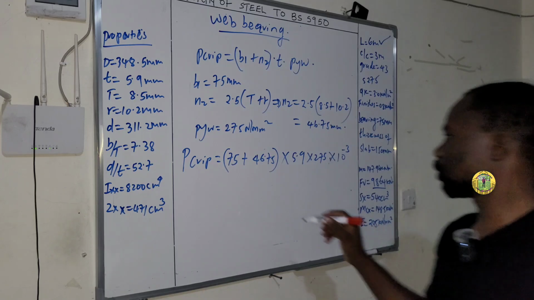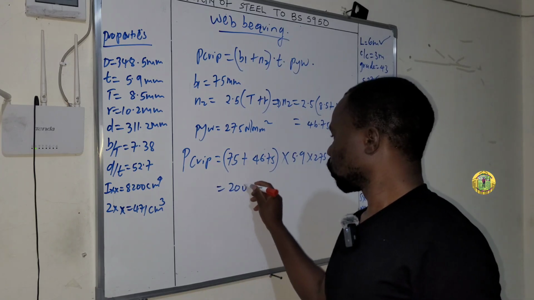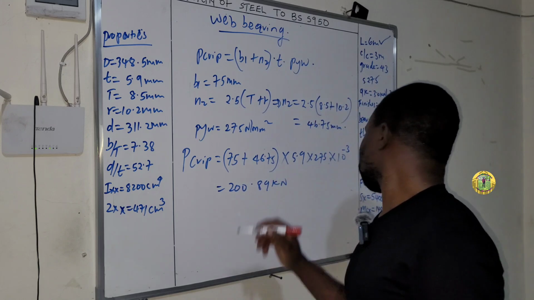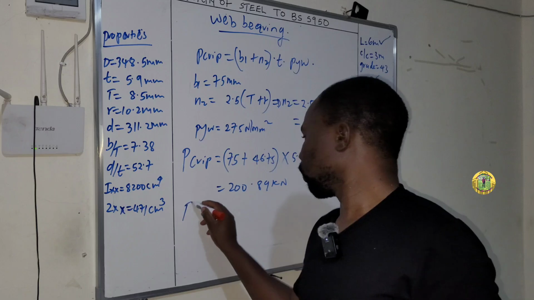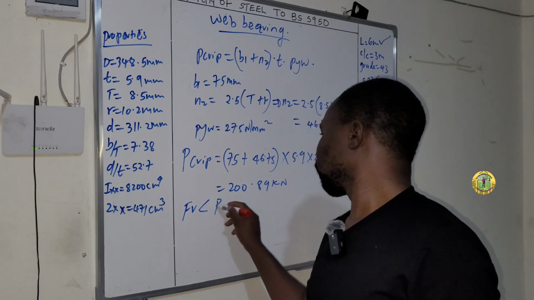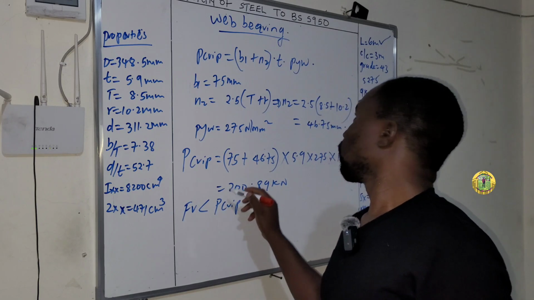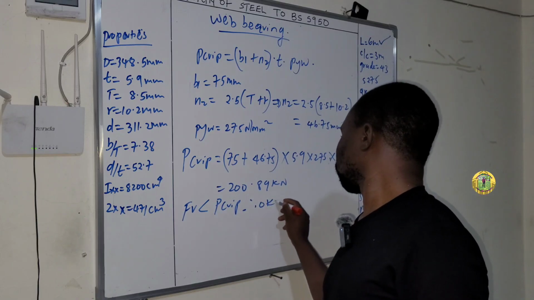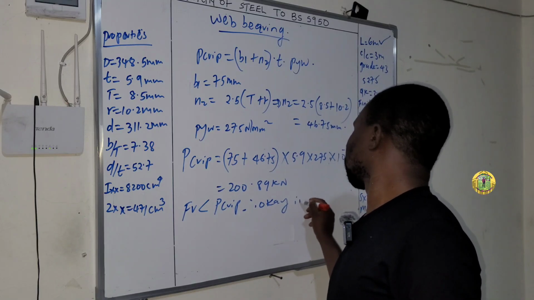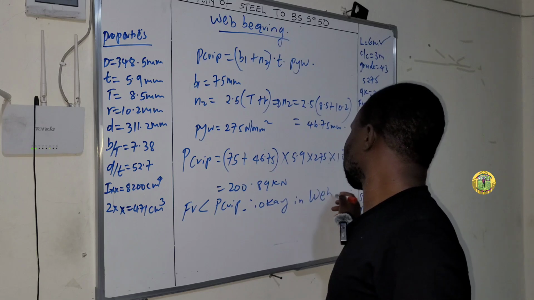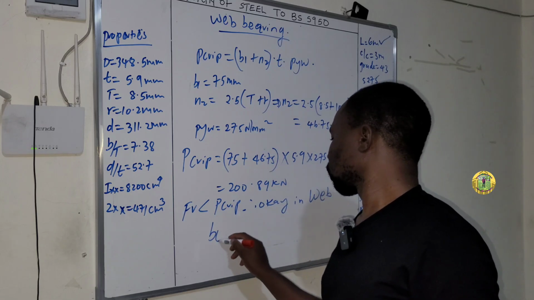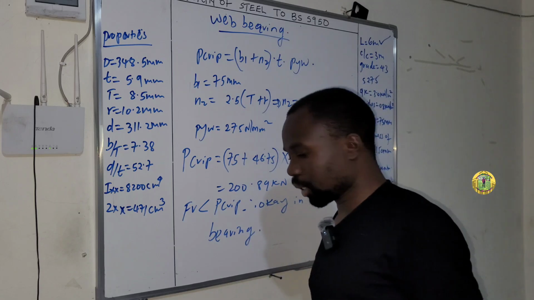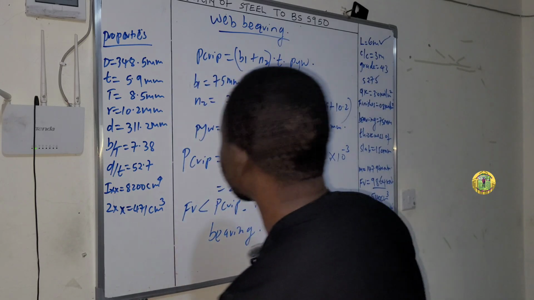So this one is equal to 200.89 kilonewton. Then you say FV is less than the web bearing resistance. Therefore, okay in web bearing. And that marks the end of the question.